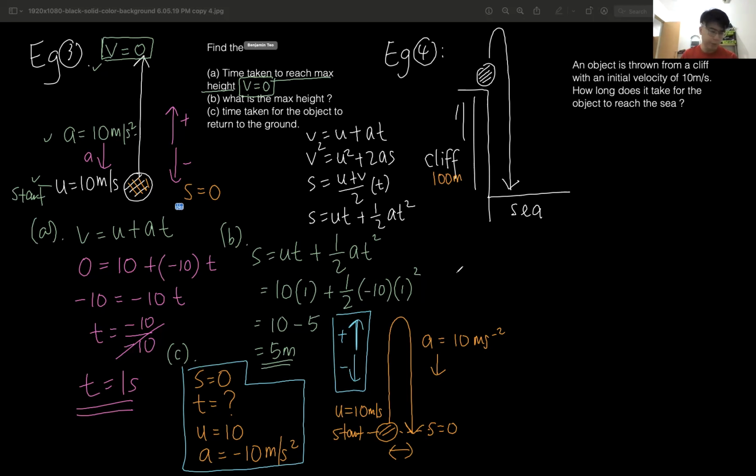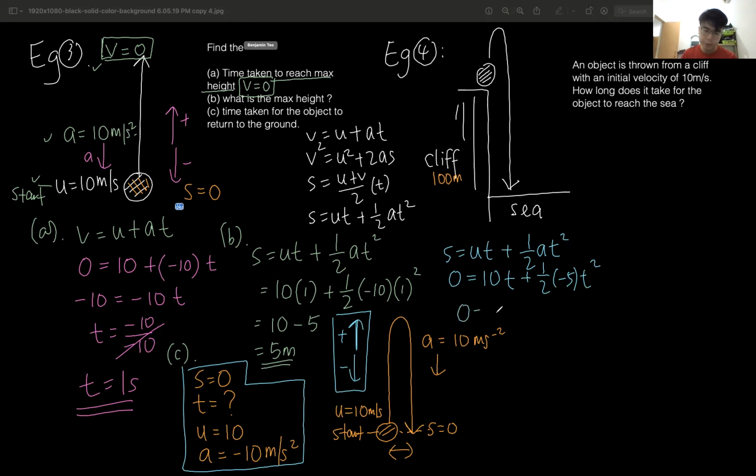Okay, then we solve this one. Okay, S equals to UT plus half AT squared. 0 等于 10T plus half 减5 T squared.